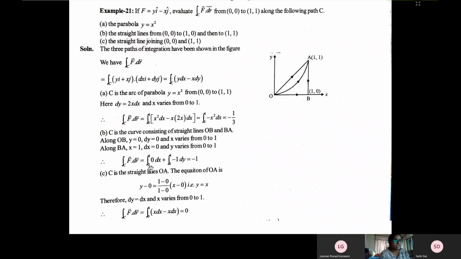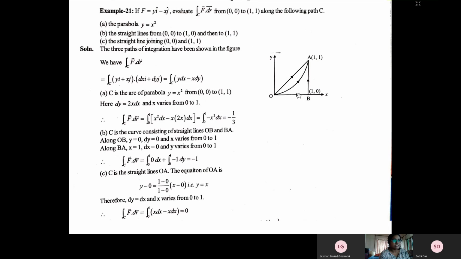So the integration of F dot dr, that is the integral of y dx minus x dy. Along the first path y is 0, so that gives 0 times dx, and dy is 0.